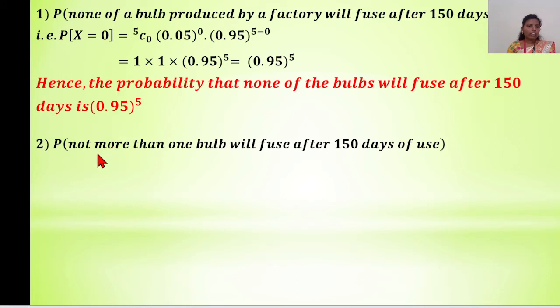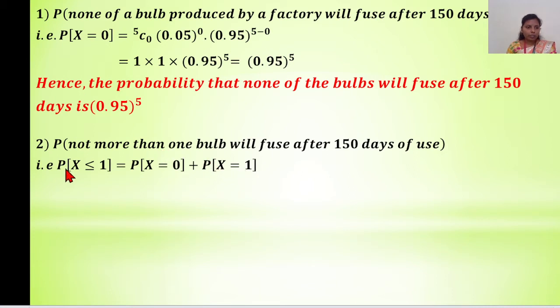Now next, the probability that not more than one bulb will fuse after 150 days of use. Here not more than one means x is equal to 0 and x is equal to 1 we can take.